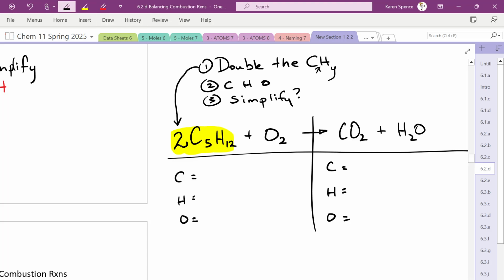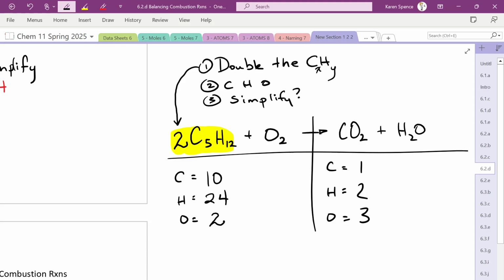So now we have 2 times 5 is 10 carbons, 2 times 12 is 24 hydrogens, and oxygen I have 2. And over on the right-hand side, I have 1 carbon, 2 hydrogens, 3 oxygens, because that's what I always have on the right to start with.